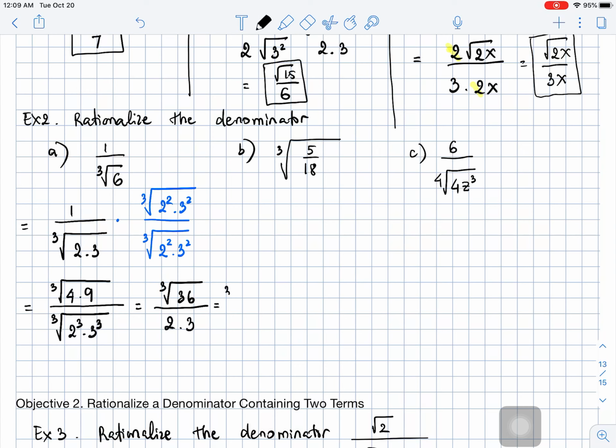In the denominator, we got 2 cubed and 3 cubed. They cancel out, because the index is 3. We remove the radical for 2 and also for 3. Then the final answer is cube root of 36 over 6.